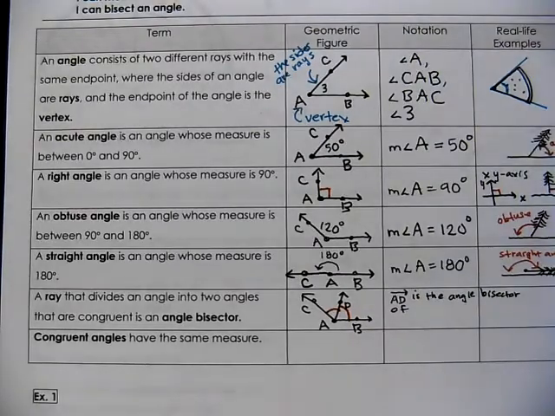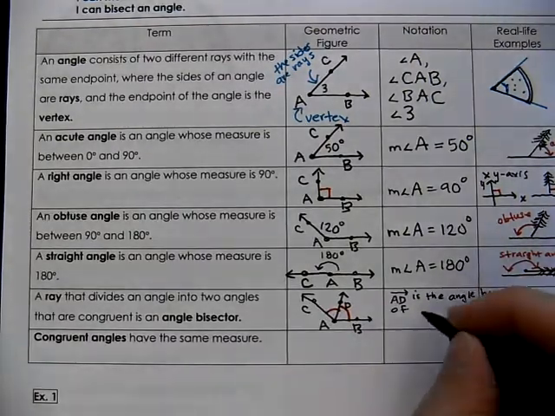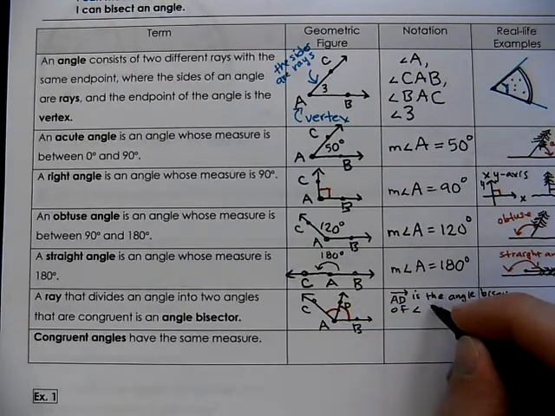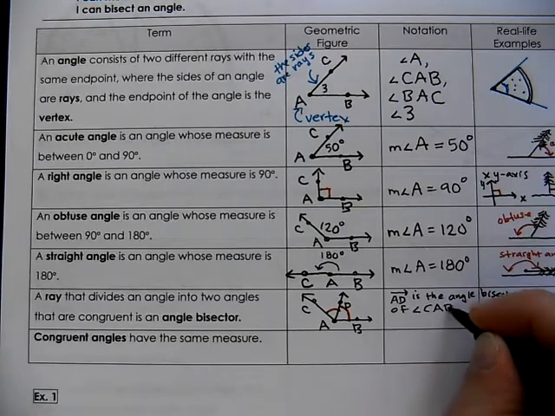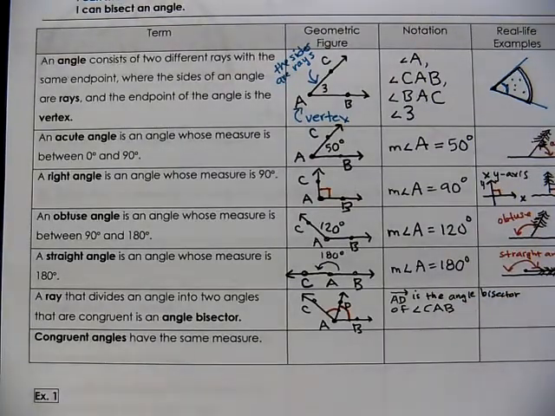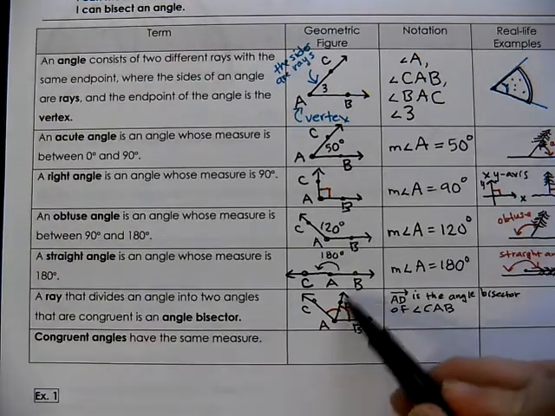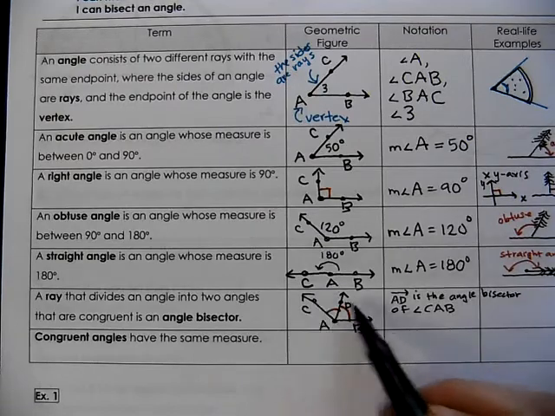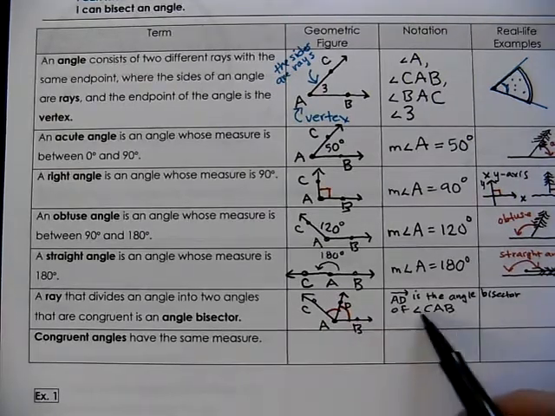So ray AD is the angle bisector of the big angle, but I can't just call it angle A because we have lots of angles now. So this is angle CAB. The original angle is the big angle, angle CAB. So we're saying this ray AD is the angle bisector, meaning it is cutting in half this big angle, angle CAB.